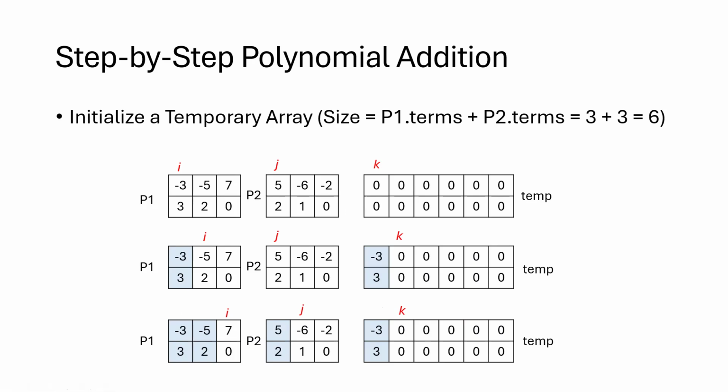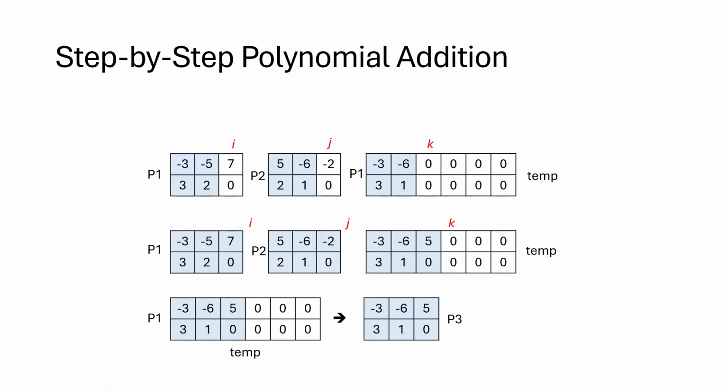Okay, so in the next iteration, what will happen? We will consider exponent 0 in the first polynomial and exponent 0 in polynomial 2 also. So now addition is possible. What are their coefficients?